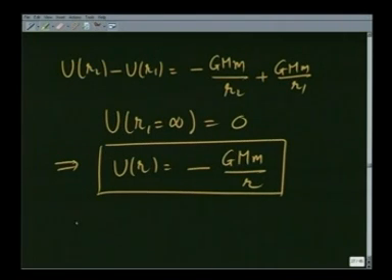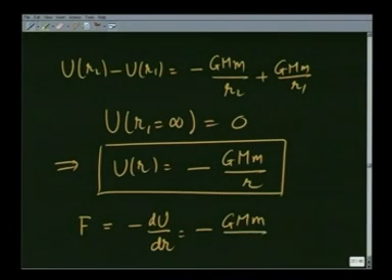You can again see that the force in the radial direction is going to be minus dU over dr, which is minus G m m over r square.